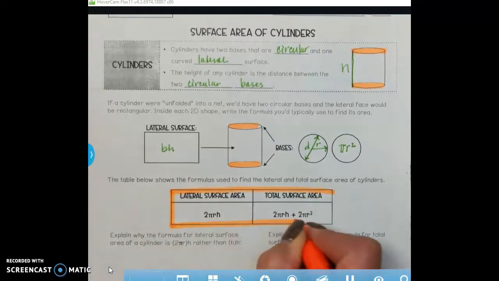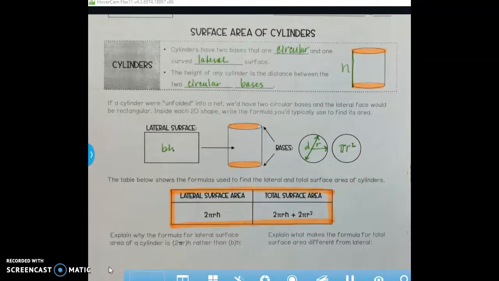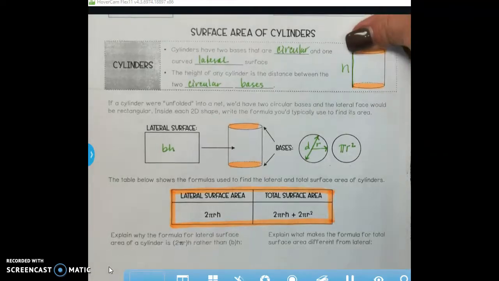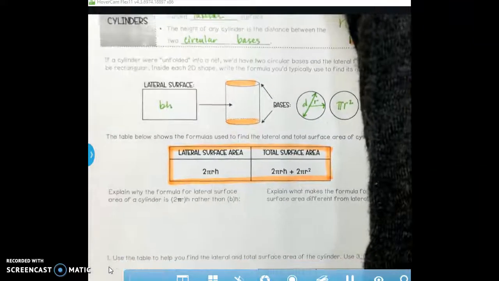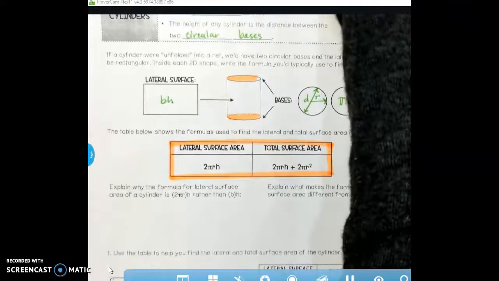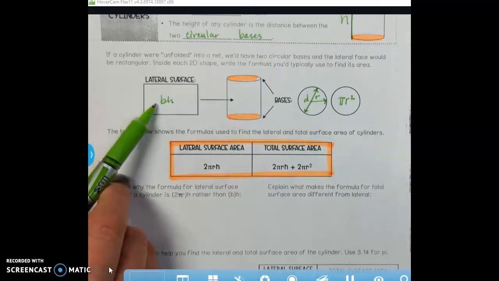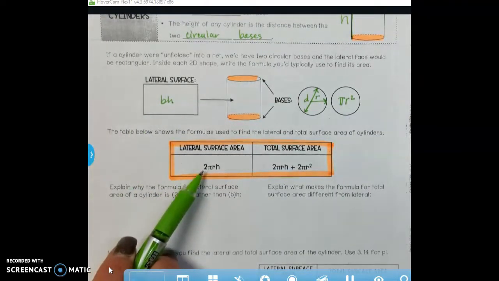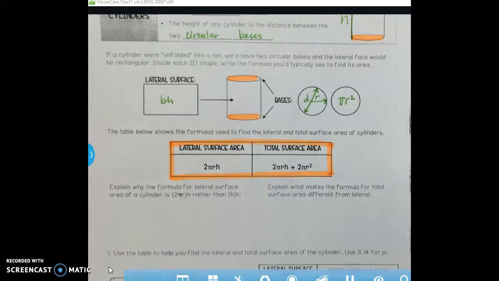And as before, please do not memorize the formula. Do not try to stress over memorization. But I do want us to talk about what we are seeing and what we know about this formula, and why all of a sudden this lateral surface area turned into this collection of variables.